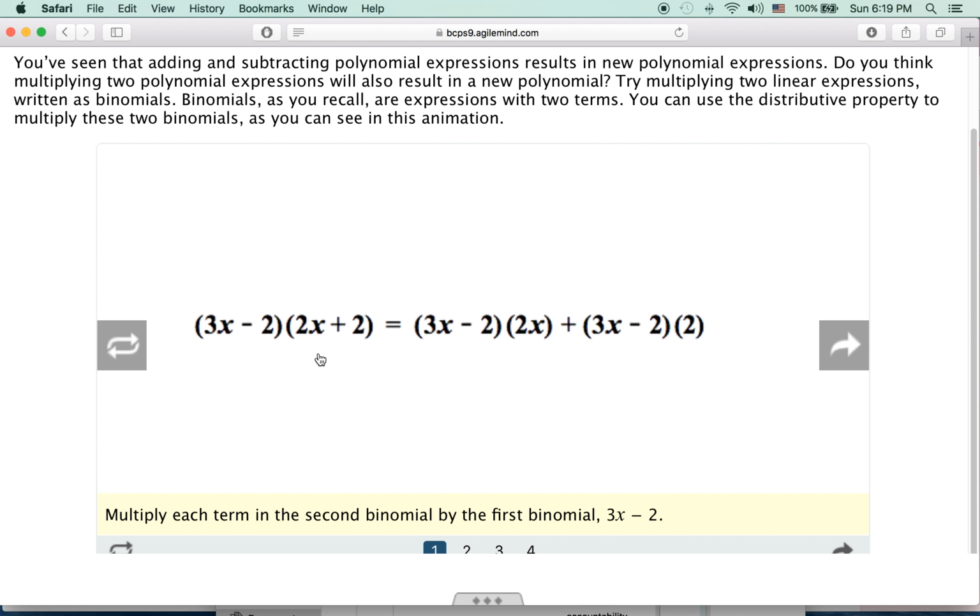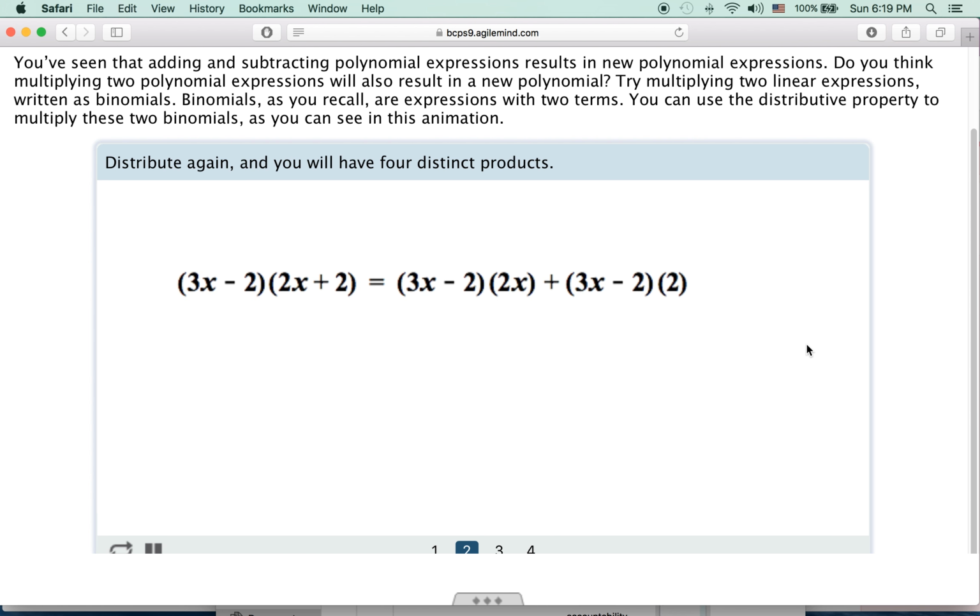So here they took the second polynomial and multiplied it times the first polynomial. Well, they took the first part of the second polynomial, multiplied it times the first polynomial, and they did the same with the second part. That's going to give you the same answer as FOIL.